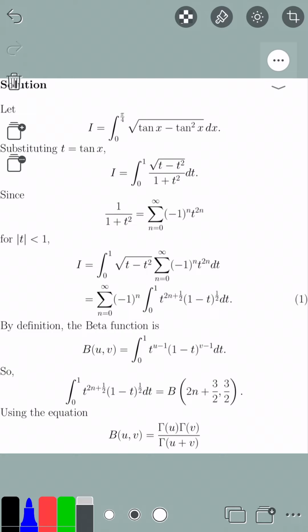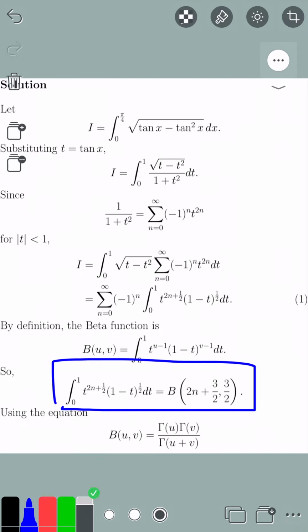Here the u is 2n plus 3 halves, and the v is 3 halves. So t to the power of 2n plus 3 halves minus 1 is 2n plus 1 half, and 1 minus t to the power of 3 halves minus 1 is 1 half. So this integral is equal to the beta function of 2n plus 3 halves and 3 halves.